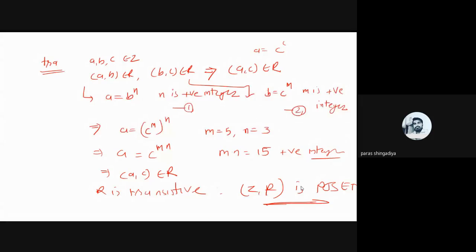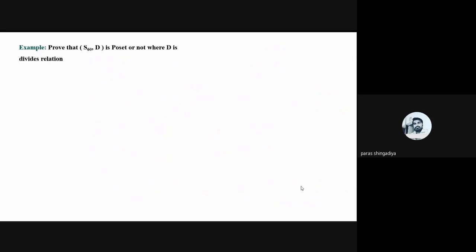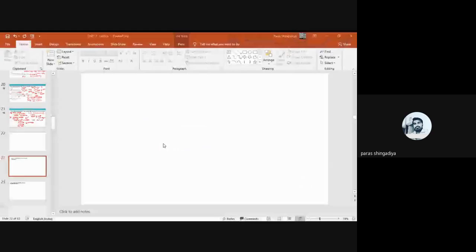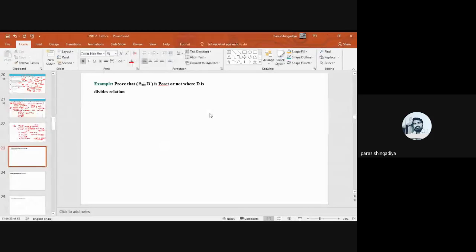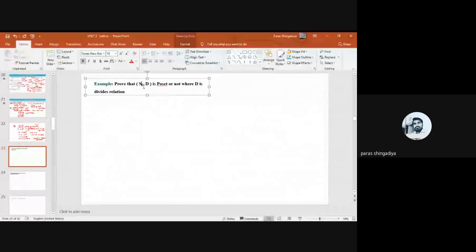So is there any doubt in the topic of partial order set and these three examples? Yes.